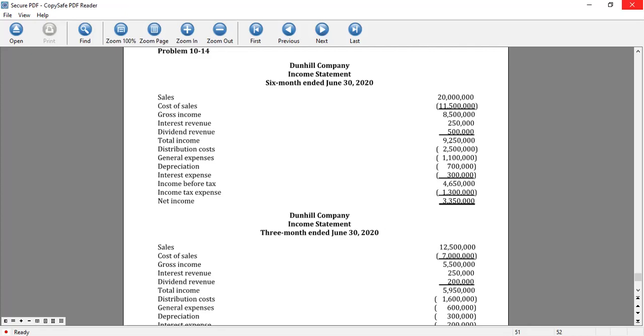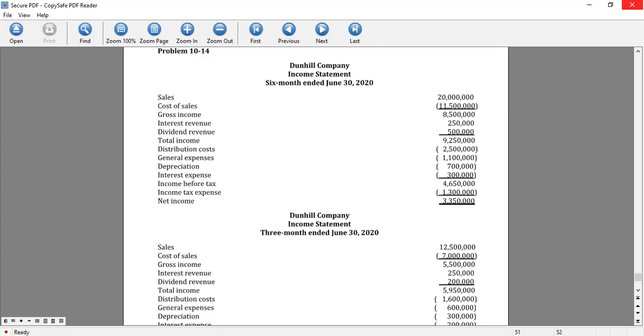We have sales of 12 million, then deduct cost of sales equal to 7 million. That's your cost of sales for the period beginning April 1 up to June 30.